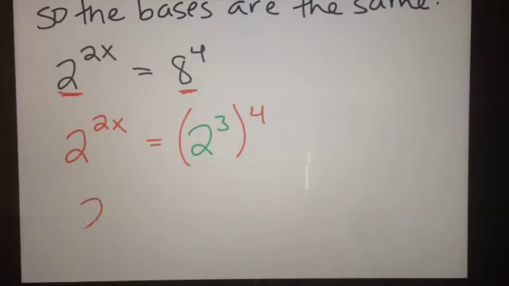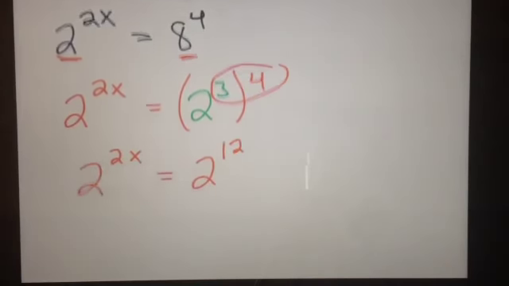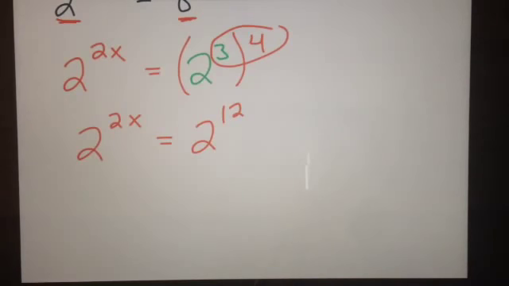Now this part, if you remember, an exponent raised to an exponent, we use the properties of exponents and multiply them together. So 3 times 4 is 12. So this is 2 to the 12th. Now that the bases are the same, I can ditch them. And now I have the equation 2x equals 12. I'll divide by 2 on both sides, and I'll get x equals 6.